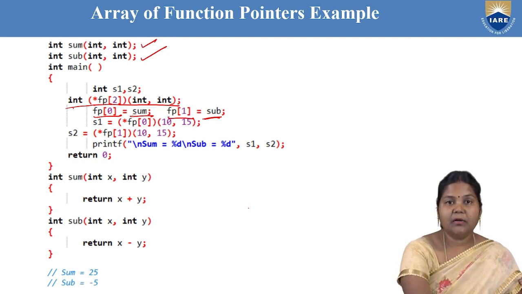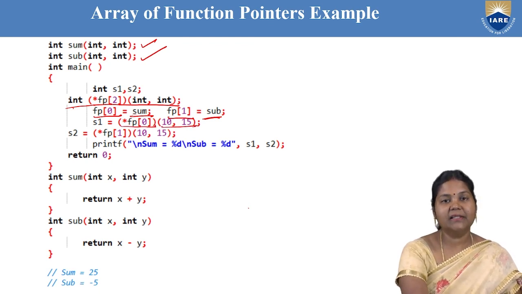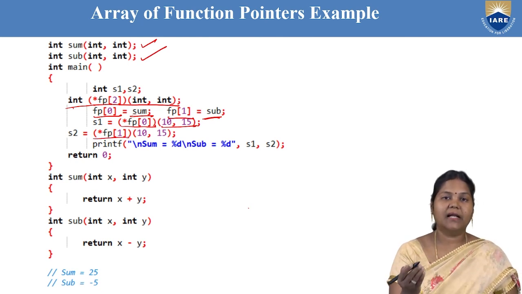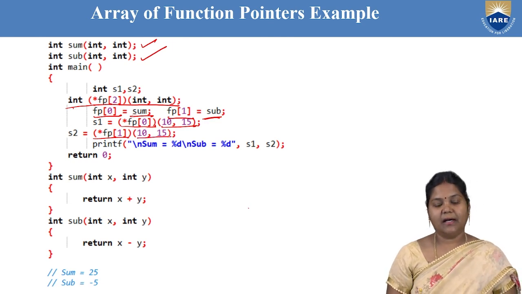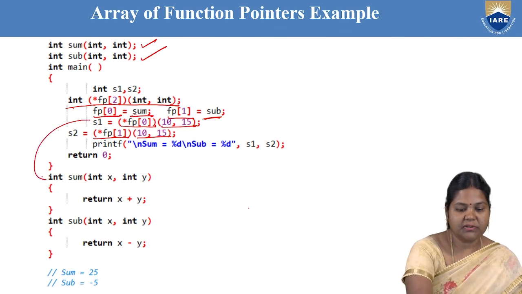Now, if you are calling the sum function, how will you call it? Star fp of 0, which contains the address of the sum function, by passing the arguments 10 and 15. Similarly, star fp of 1 contains the address of the subtraction function. So you are calling that and passing the arguments 10 and 15. The control jumps to the sum function.